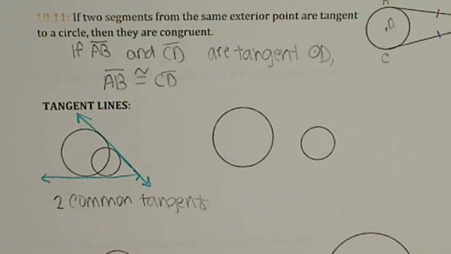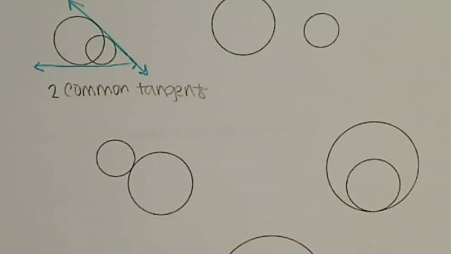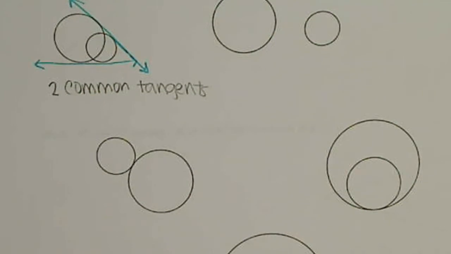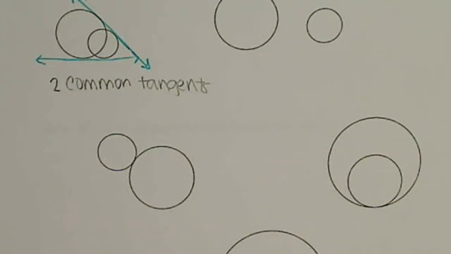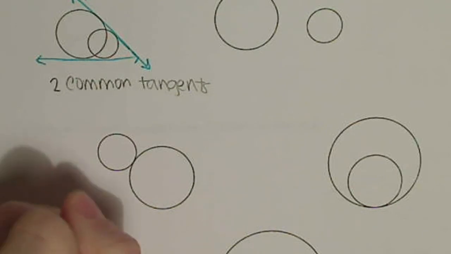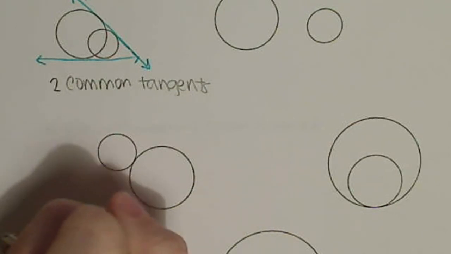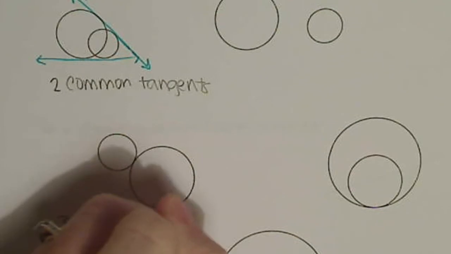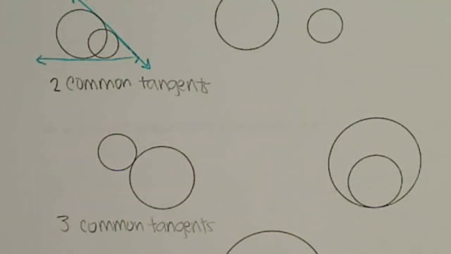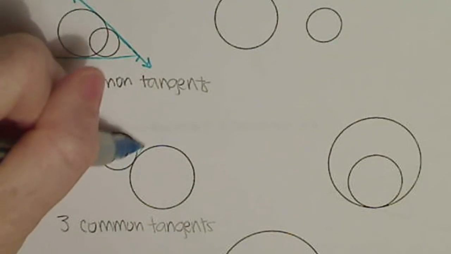Okay, I'm going to go down from there, down to this picture where I have two circles, but they are just barely touching each other. This is going to have three common tangents. So I'm going to have one right between the circles, right where they touch.